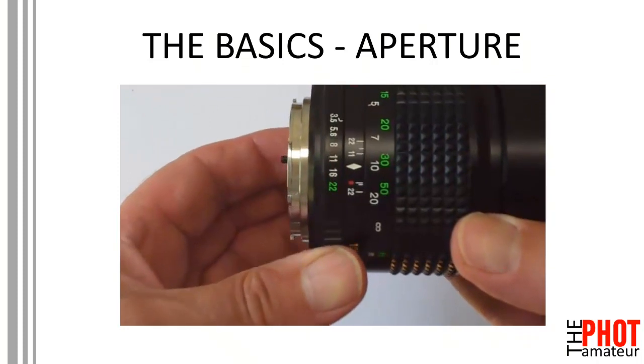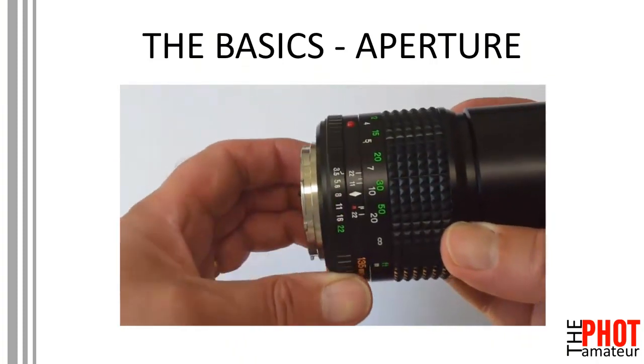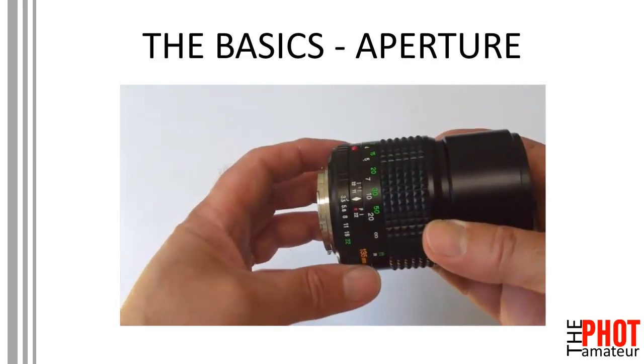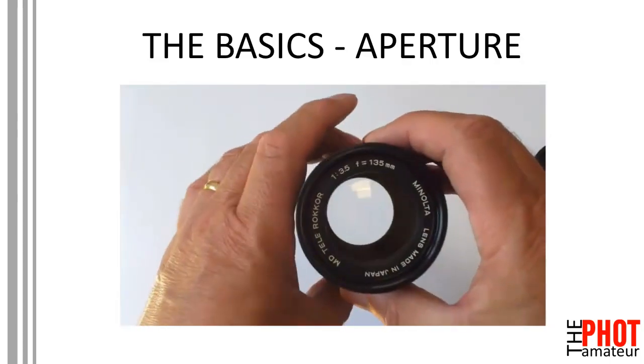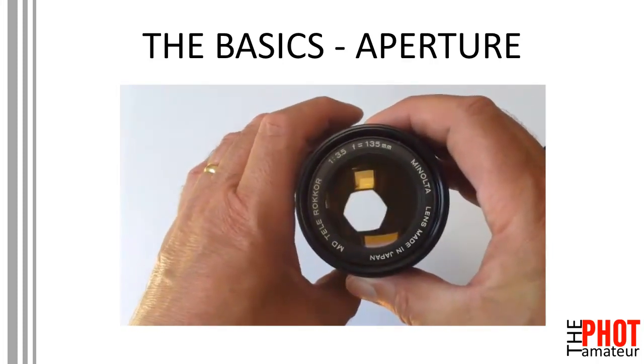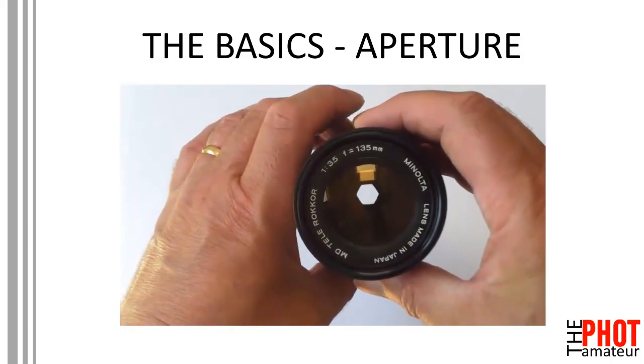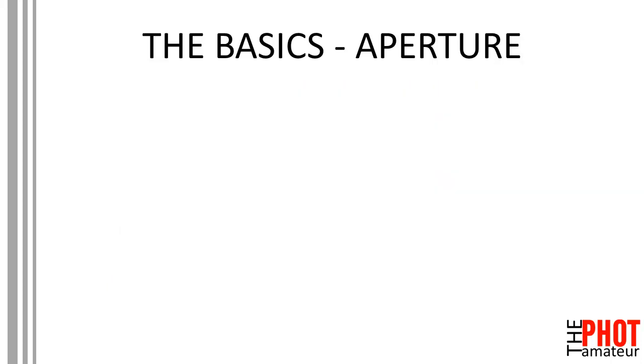There you go. I've given you a view of the actual stops there. But as I turn it back over, you'll see what turning that ring does. So at that end we're at f3.5, right down to f22, up through all the stops, and back down again. Does that make sense? Okay, hope you've got that.